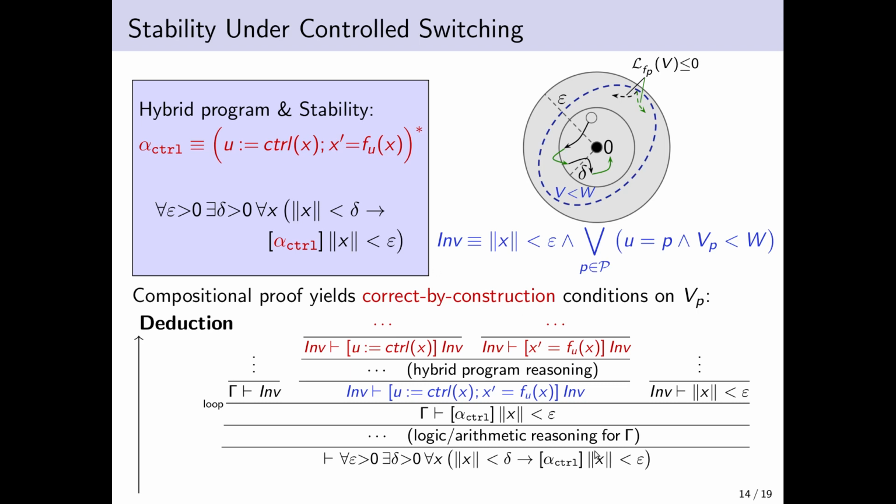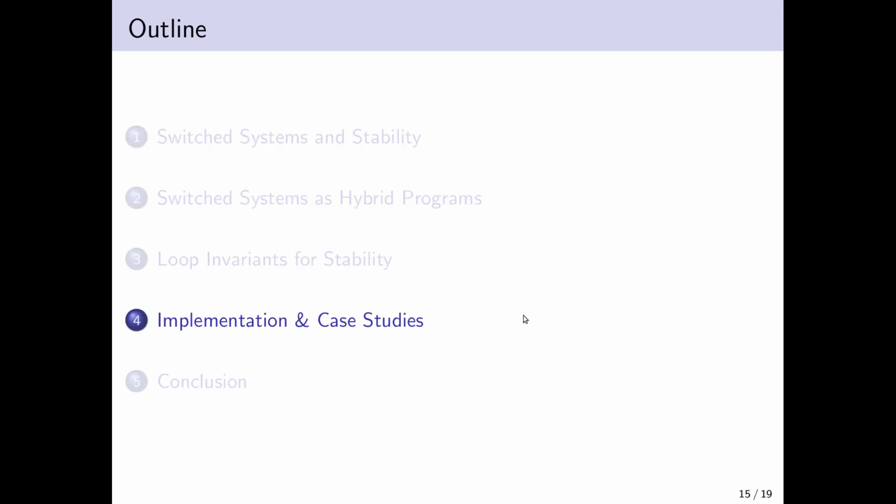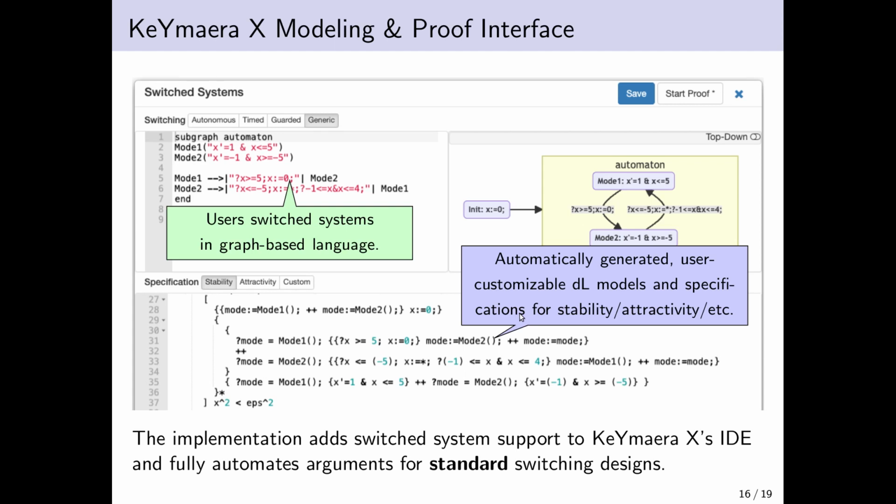And thanks to this idea of a loop invariant, we can now start from the stability specification and use the loop invariant to derive correct by construction conditions on the Lyapunov functions, here just highlighted in brief in red. Okay, and in particular, these conditions can be derived automatically, and this is what's behind our implementation of switch system stability in KeYmaera X.